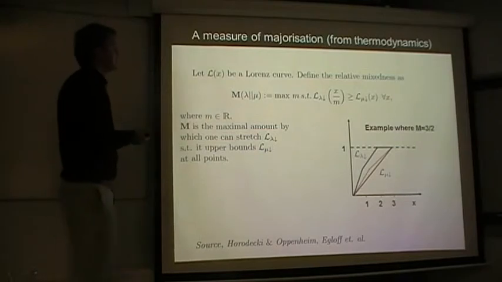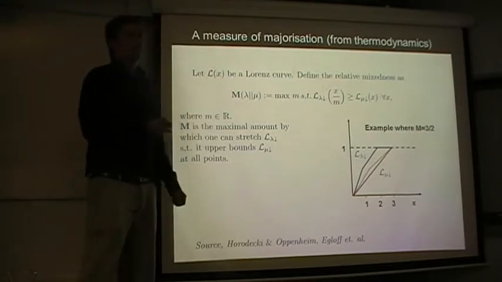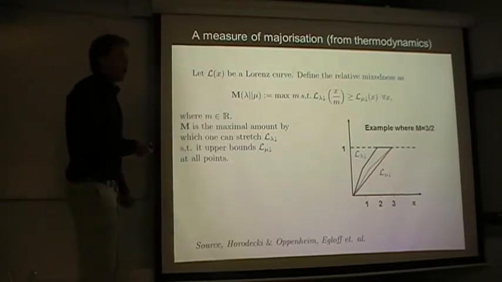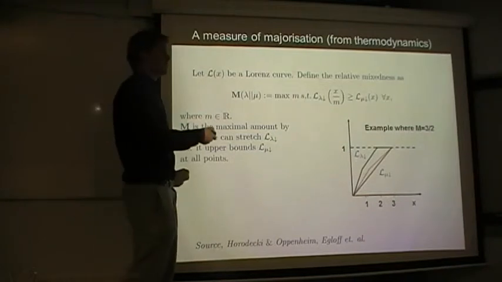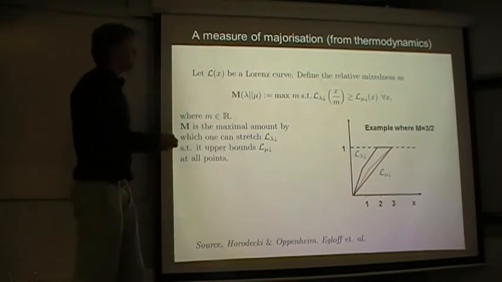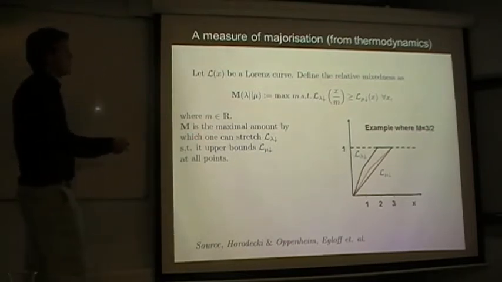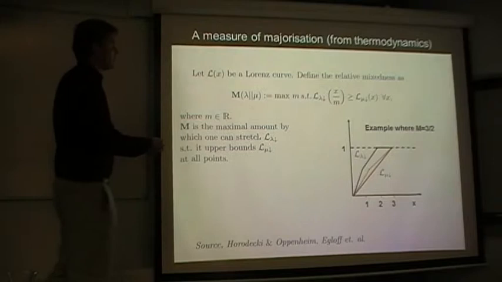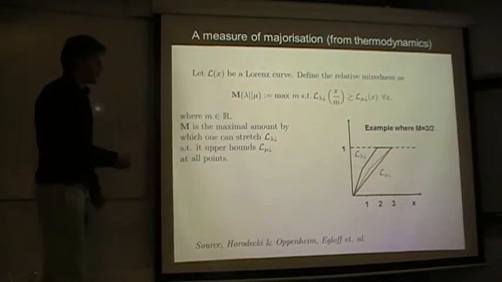So the definition is that you have a Lorenz curve, define this measure, which we're just calling the relative mixedness. Define it as the maximum m such that the Lorenz curve of this guy upper bounds the other one at all points. So this is like a stretching factor. So m is the maximal amount by which one can stretch one of these guys such that it upper bounds the other one at all points.